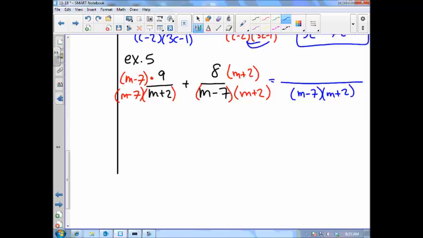I'm just going to copy the numerator as is right now, so I can morph into one fraction. We have m minus 7 times 9 plus 8 times m plus 2. Any questions there?